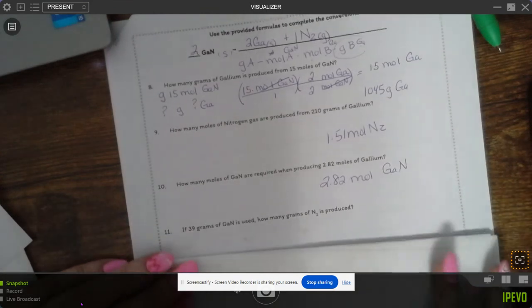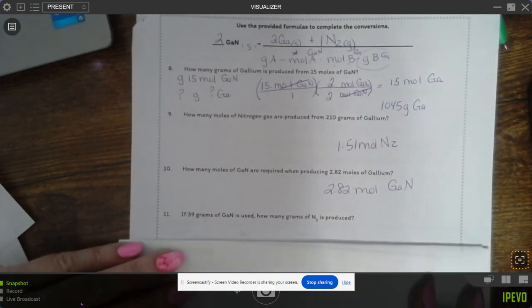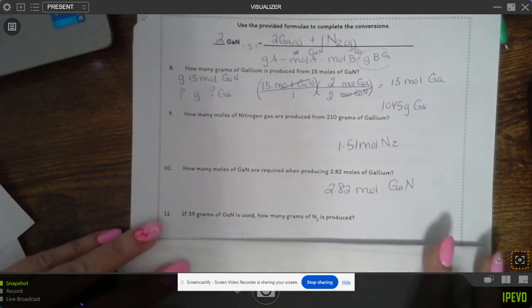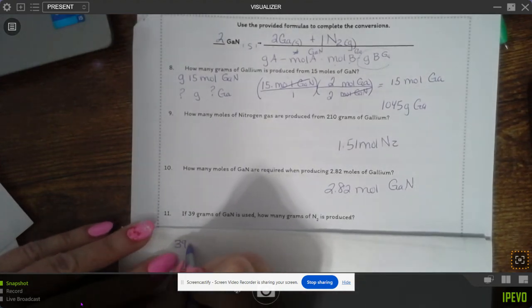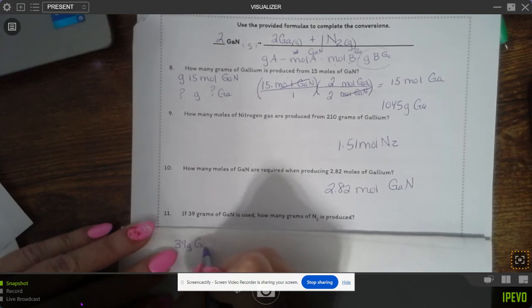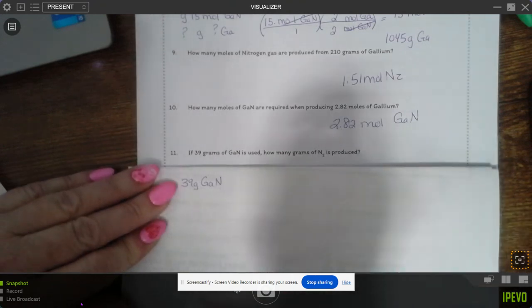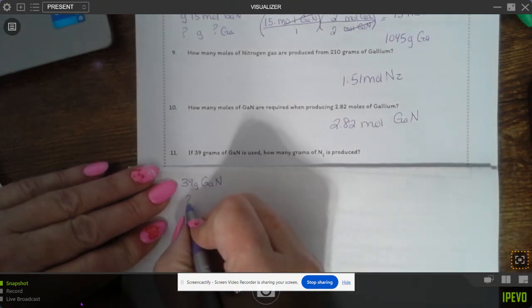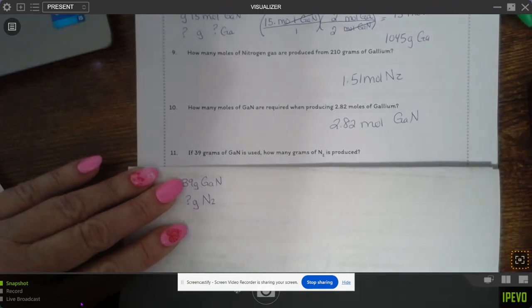What do we got here? All right. Oop, my paper's always crooked. If 39 grams, so our given is 39 grams of gallium nitride, is used, how many grams of nitrogen is produced?